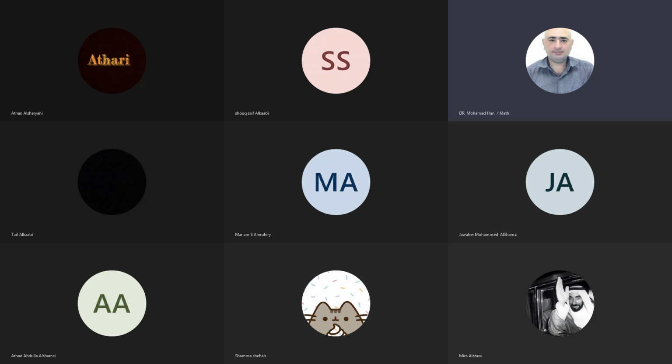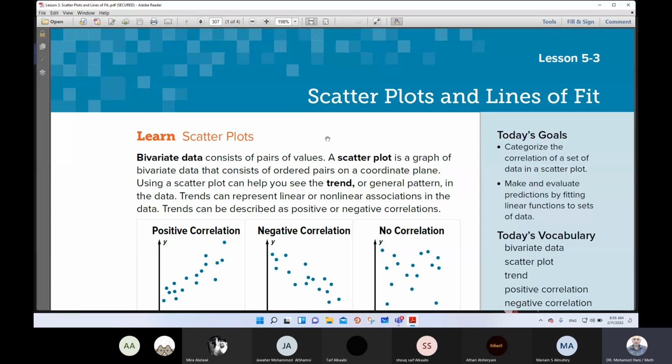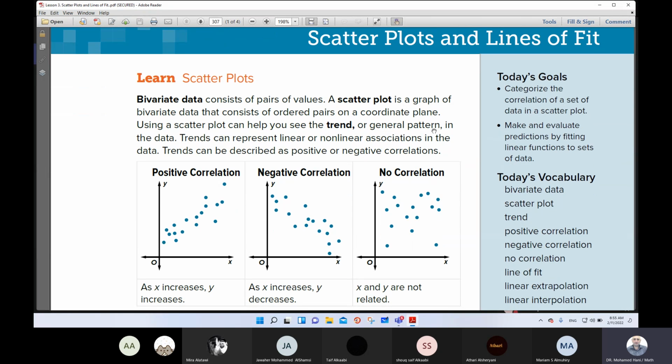Math grade 9. We are in module 5, lesson 3, scatter plots and lines of fit. In this lesson, we want to learn scatter plots. The first idea: bivariate data consists of pairs of values.